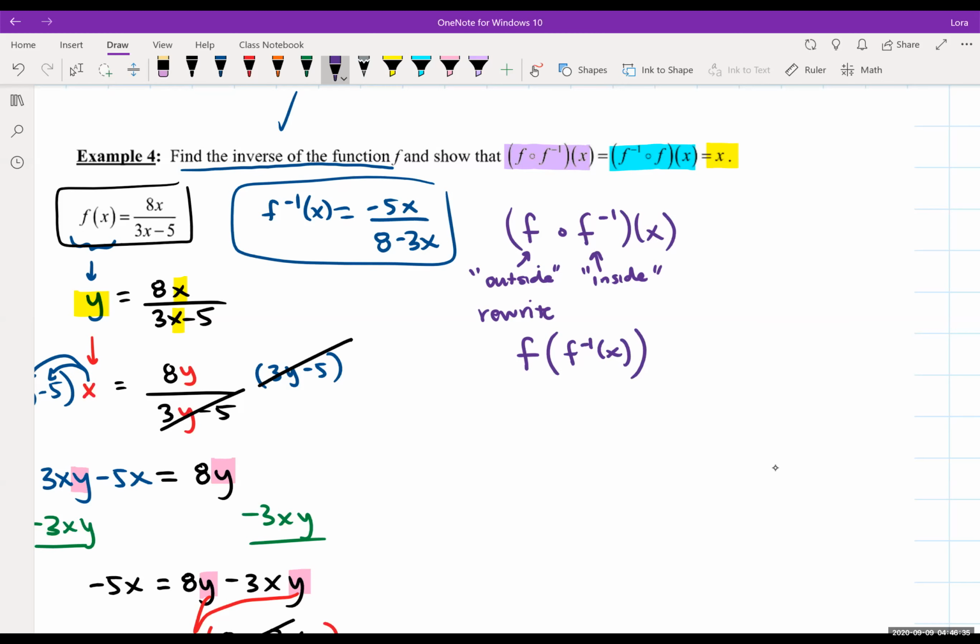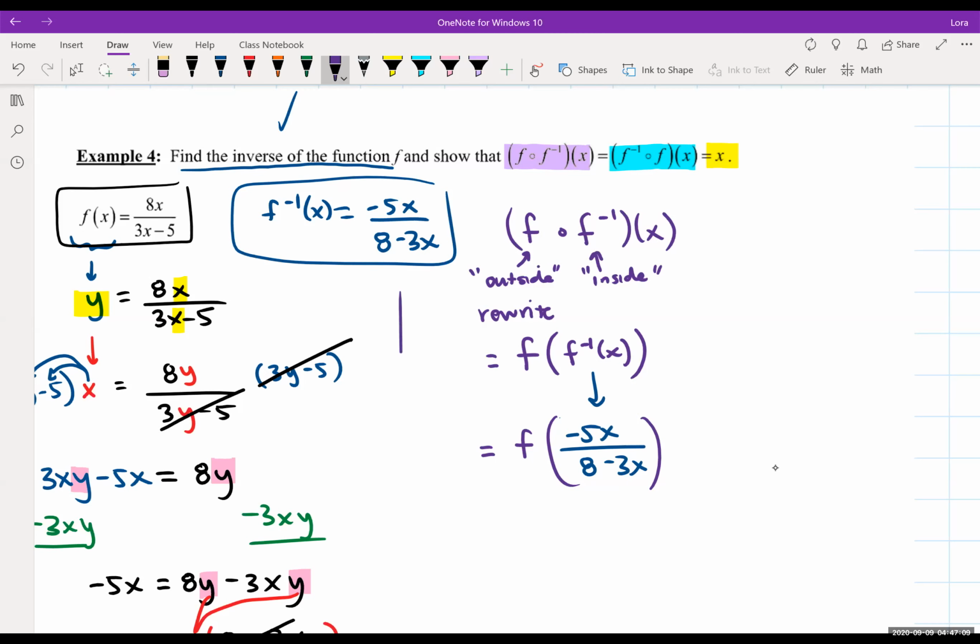So that's a little bit more usable to me, because now I'm going to take my f inverse x and replace it with its actual formula. So we have f inverse x. We had just found it to be negative 5x over 8 minus 3x. And what we're going to be doing is plugging that in to the f of x function.